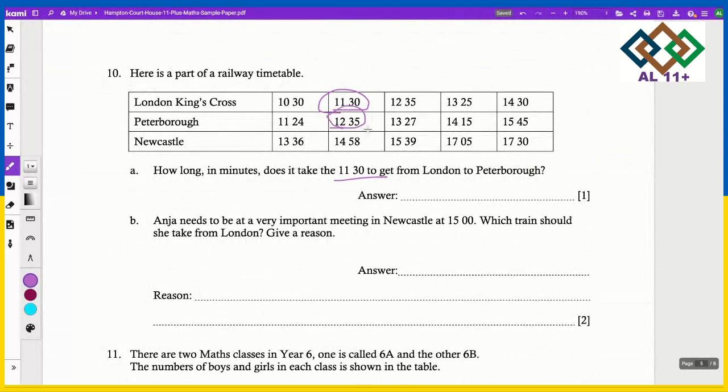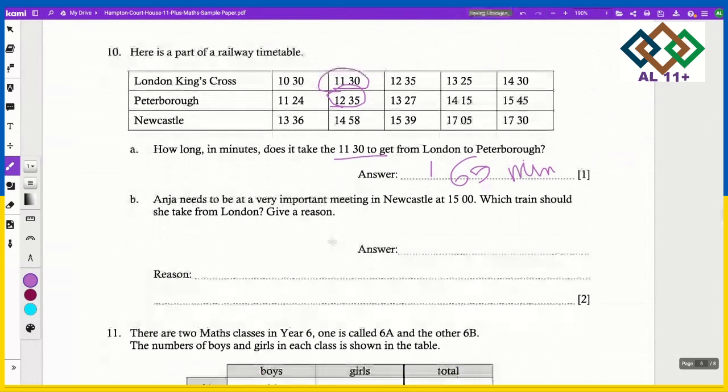If you look at that, 11:30 to 12 is 1 hour, and 35 is 5 minutes extra. So it's 1 hour and 5 minutes more. You're adding 60 plus 5, that's 65 minutes.